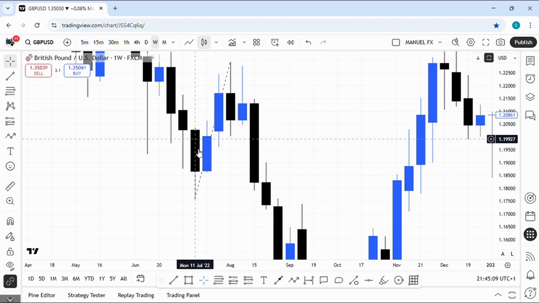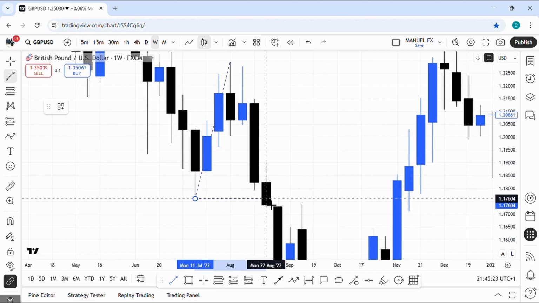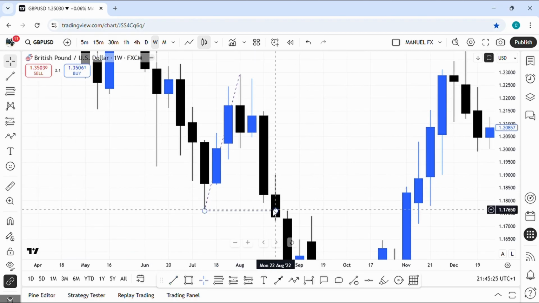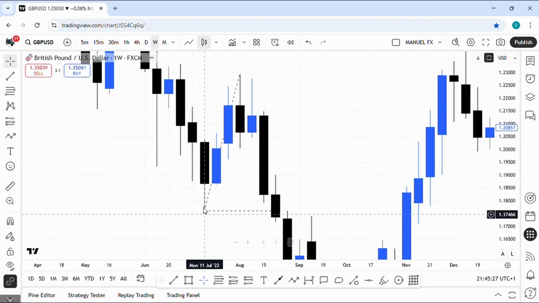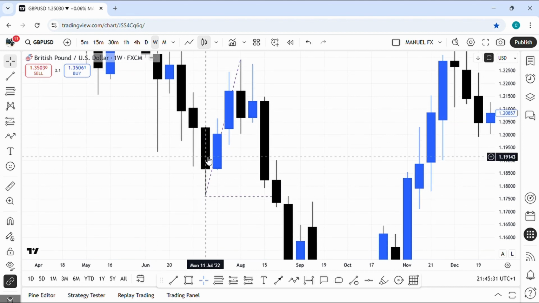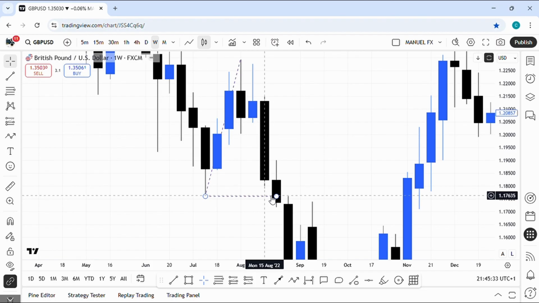Now this is the lowest candle, right? Yes. This candle took out the lowest candle's low. It did what?